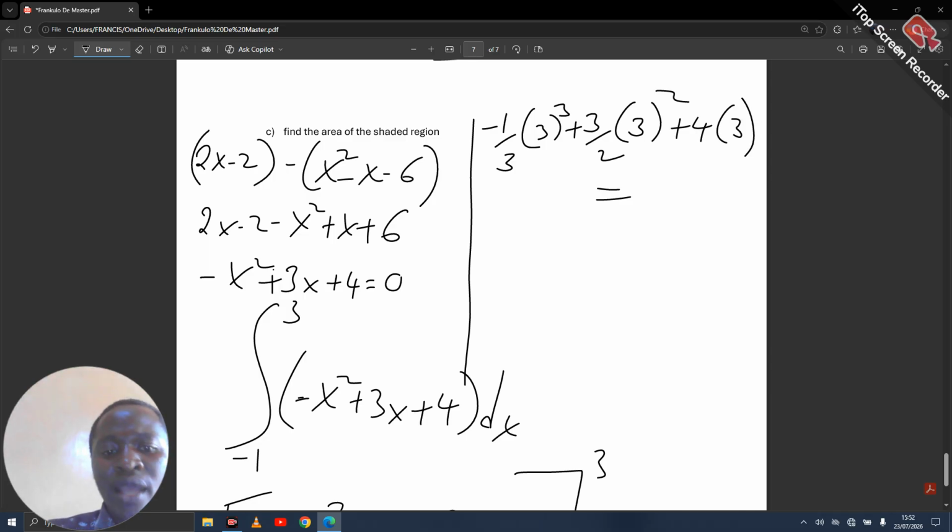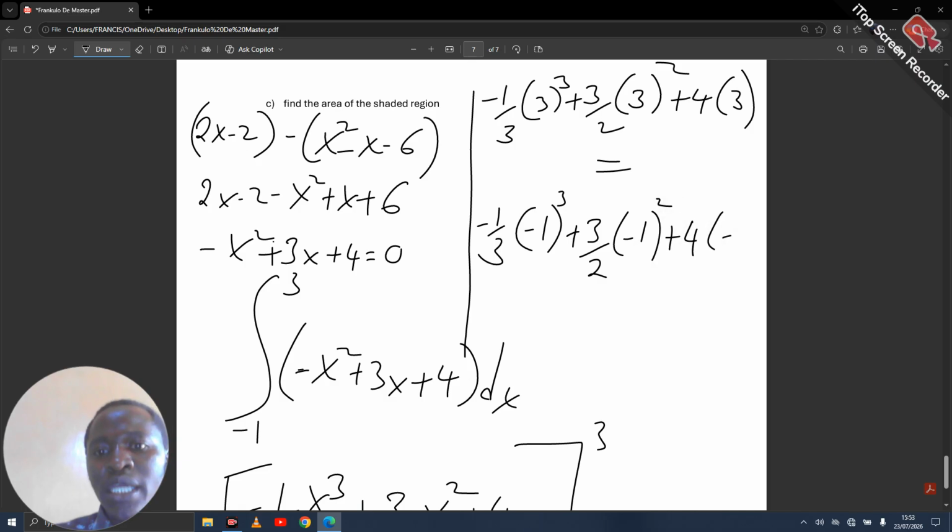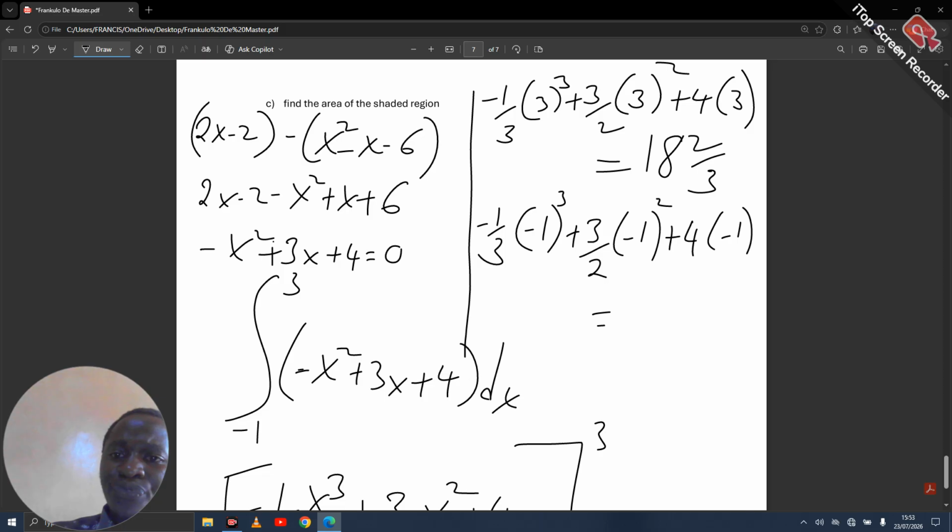Get the answer there. Then again we have negative a third into negative 1 cubed plus 3 over 2 into negative 1 squared plus 4 into negative 1. Get the answer there. So for the first part, we have 18 and 2/3. Then this other one, we have negative 2 and a third.